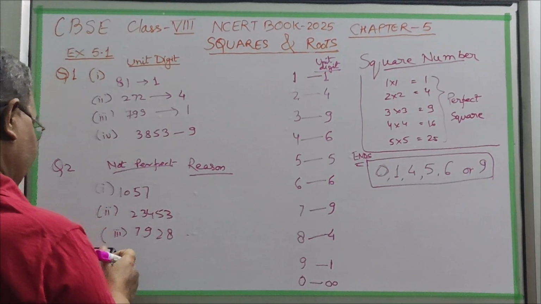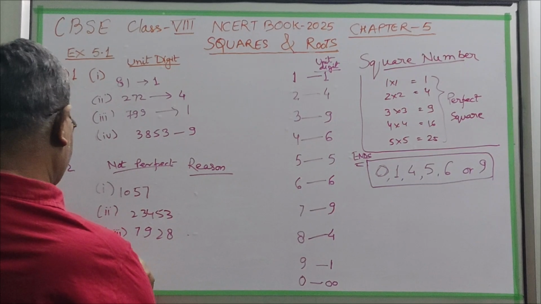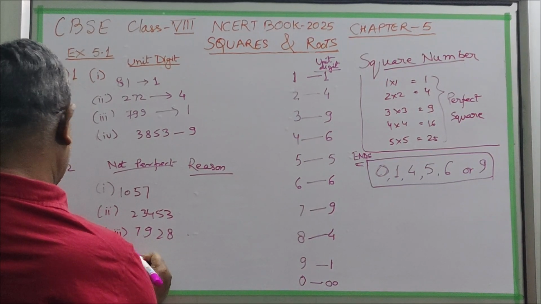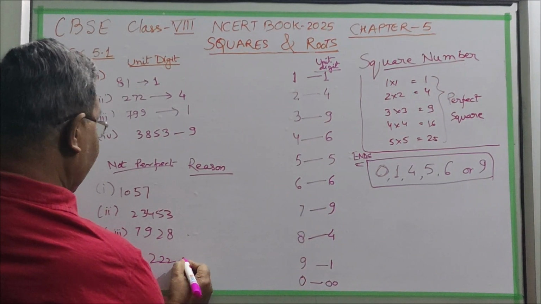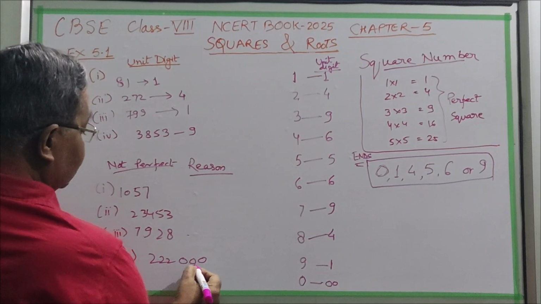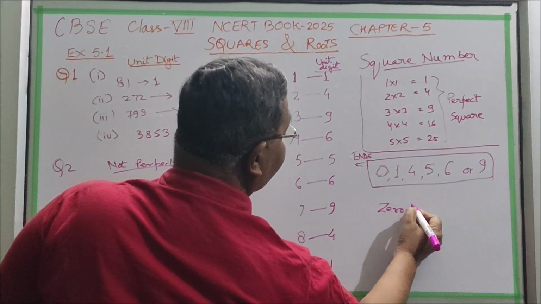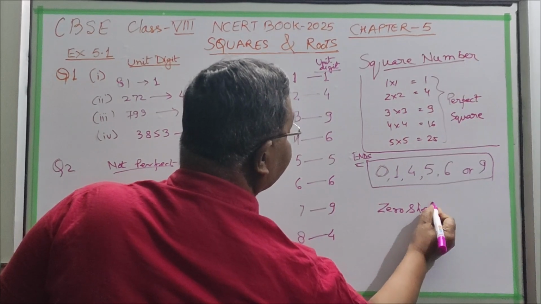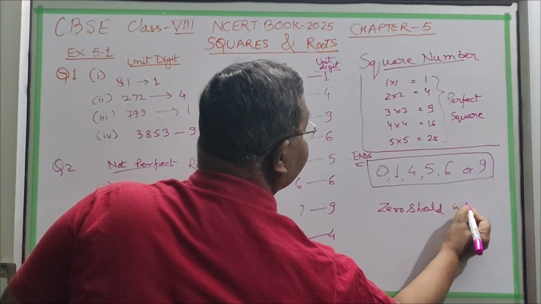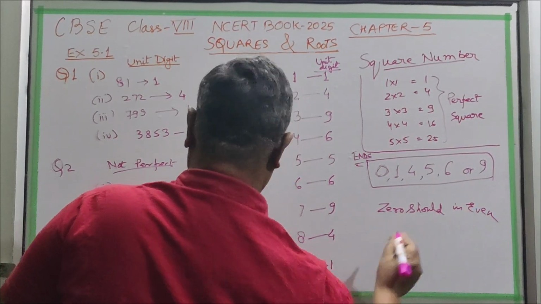In the case of zeros, there are 2 zeros in one number and a single zero in another. The number of zeros should be even.